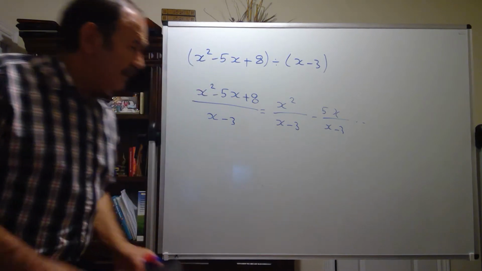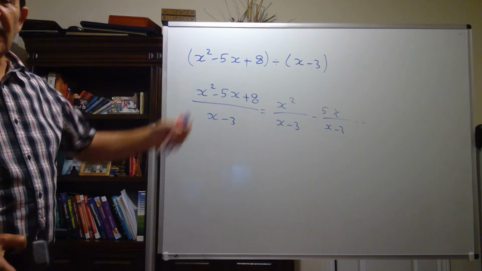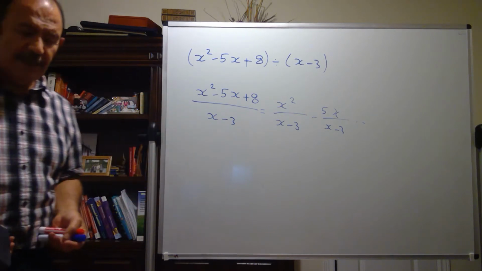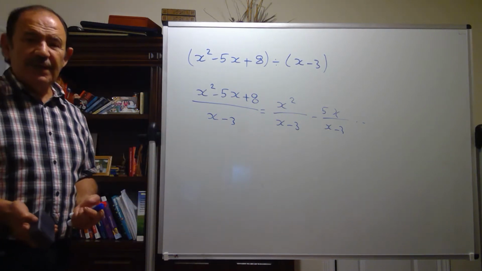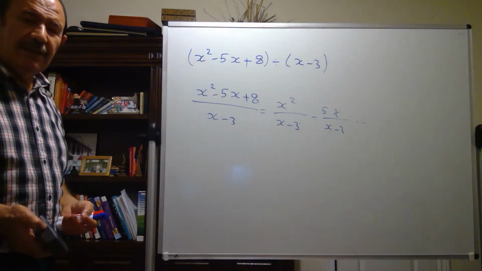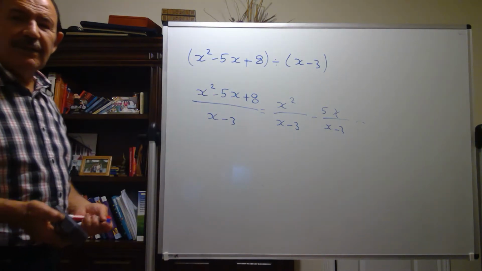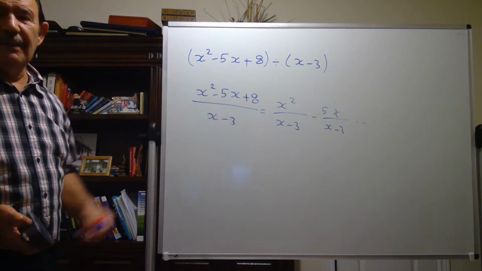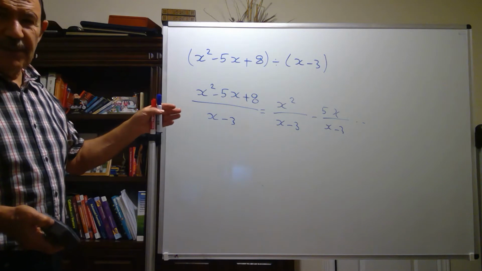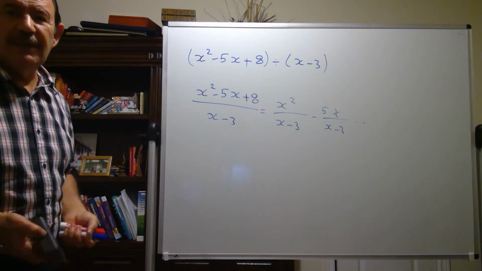The other method is dividing polynomial by polynomial. One method is factoring, that we will study in the future. If they are factorable, we can factor and reduce. But one general way that always works, because not all expressions are factorable, is long division.